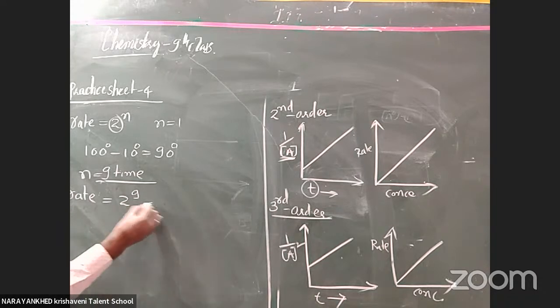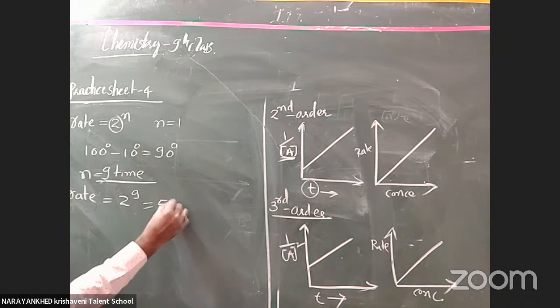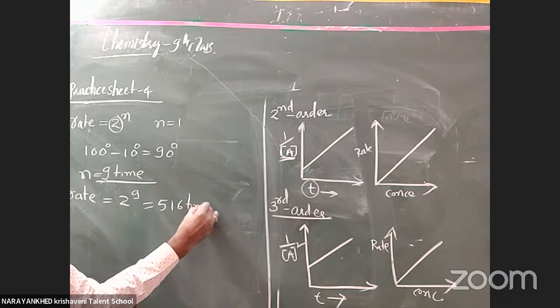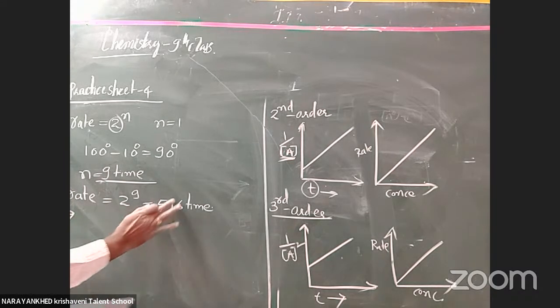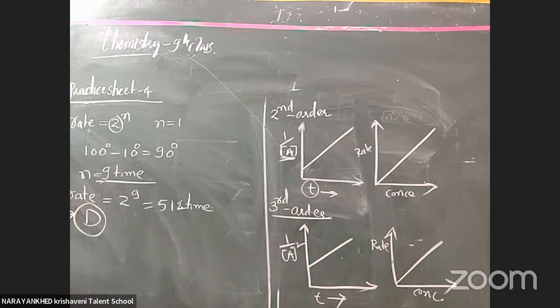And automatically 2 to the power of 9 is, sorry, 512 times. The answer for the first question is D.